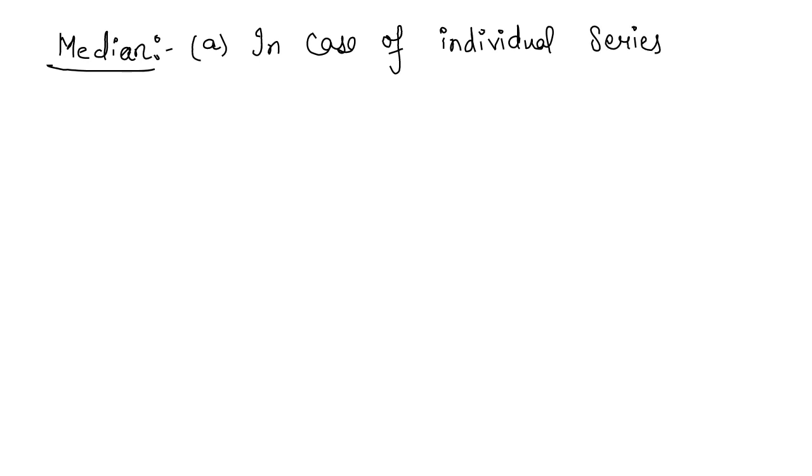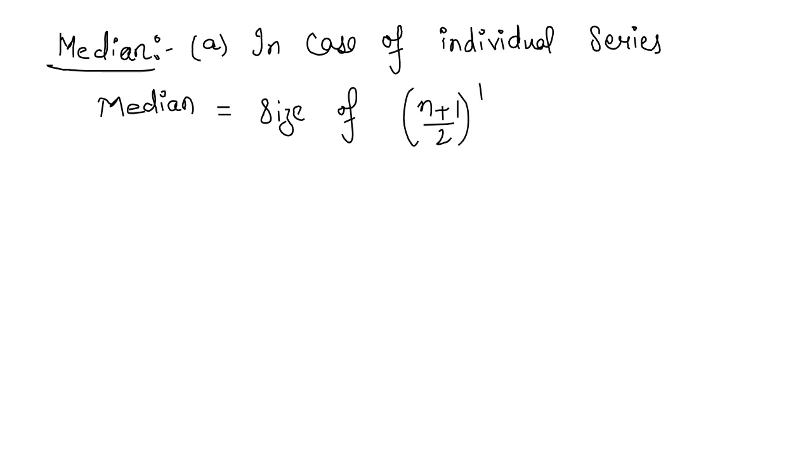In case of individual series, median is equal to size of (n plus 1) by 2th item if n is odd.